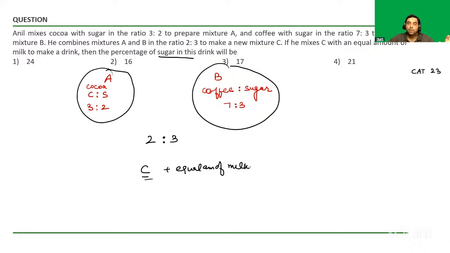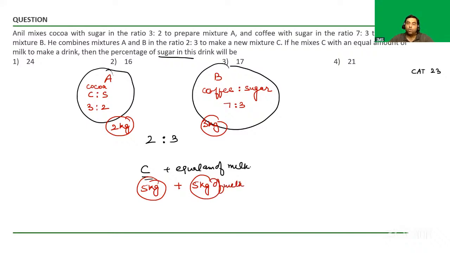If I go with the basic conventional method, when I'm mixing them in the ratio 2:3, let's say I have taken 2 kg of A and 3 kg of B. After combining, I end up getting 5 kg of C. Then we added an equal amount of milk into this, so I add 5 kg of milk.